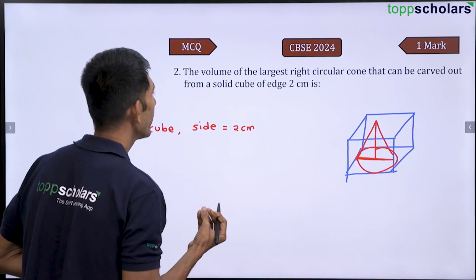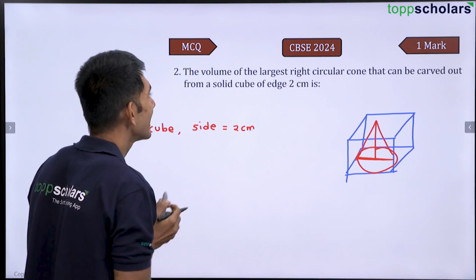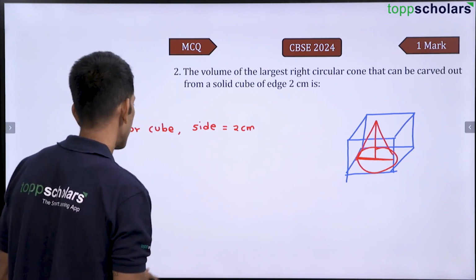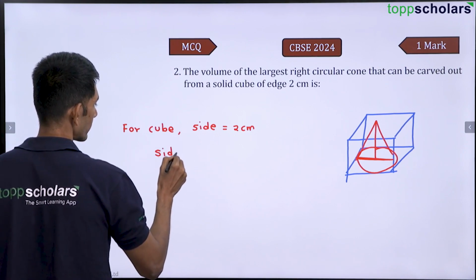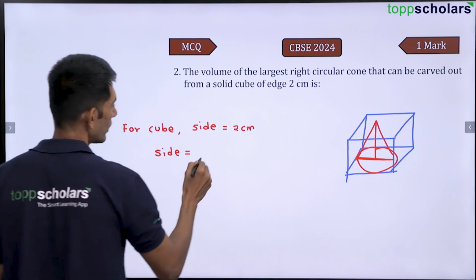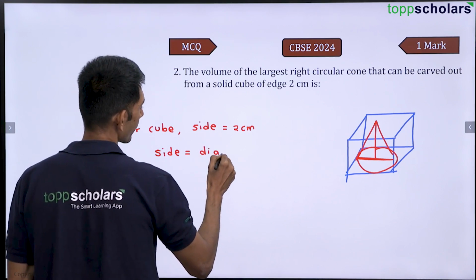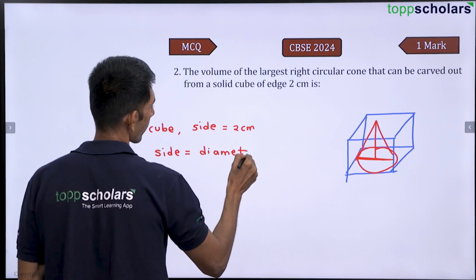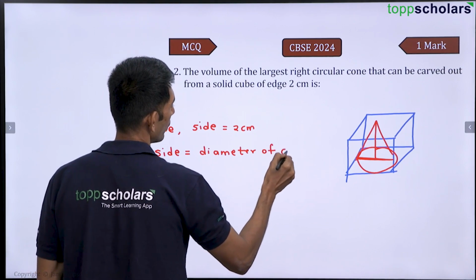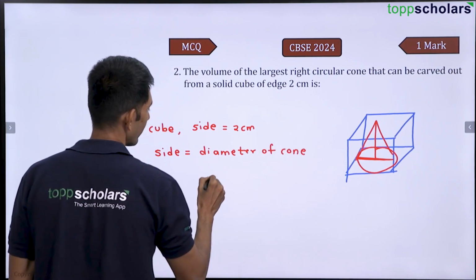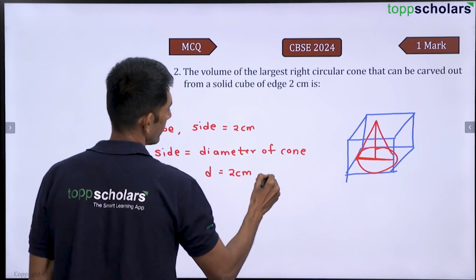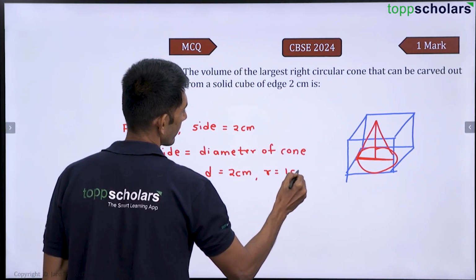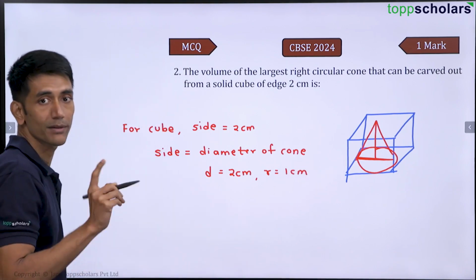We are supposed to find the volume of the largest right circular cone that can be carved out. So this side is equal to the diameter of the cone. So can I say D will be equal to 2 centimeter? So can I say radius will be equal to 1 centimeter?